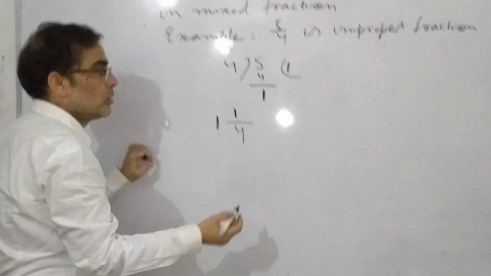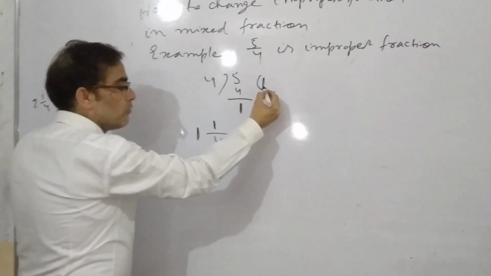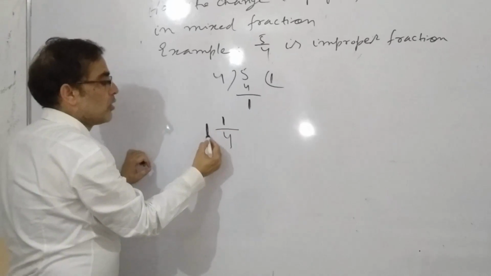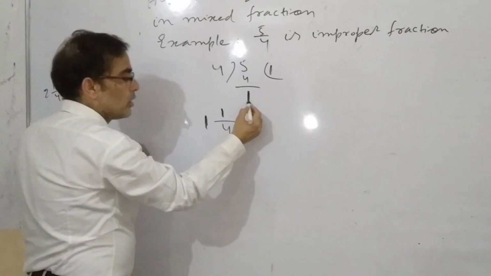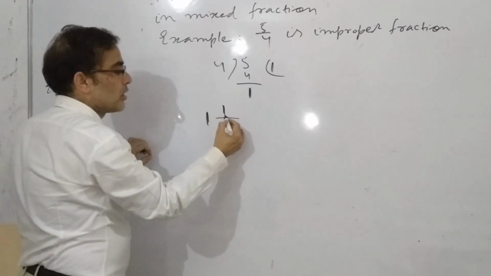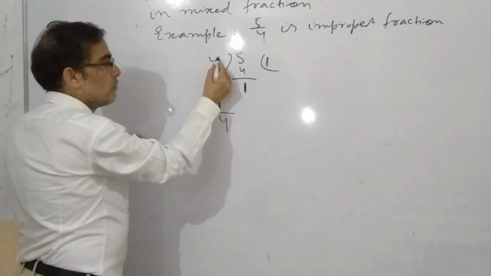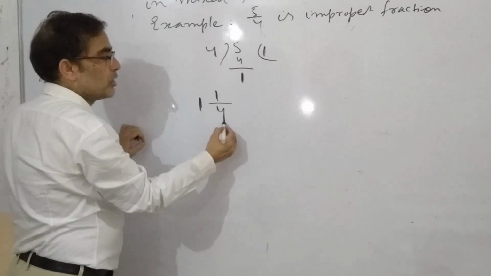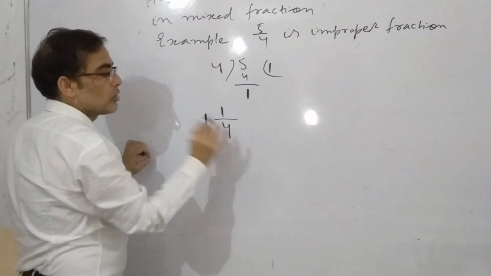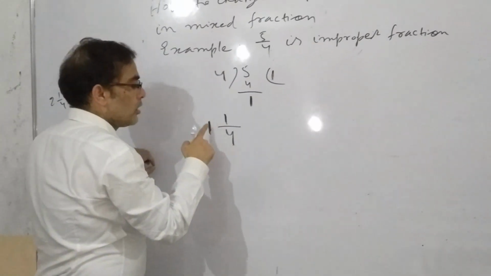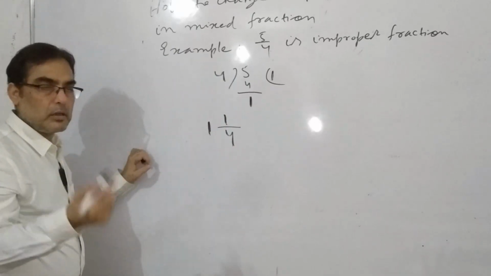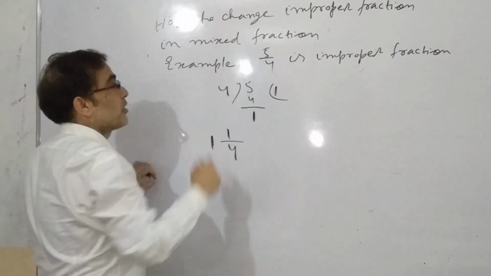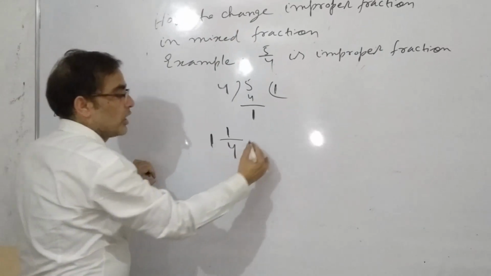Again I say, the quotient will be in place of the whole number, the remainder will be in place of the numerator and the divisor will be in place of the denominator. This way I change an improper fraction into a mixed fraction.